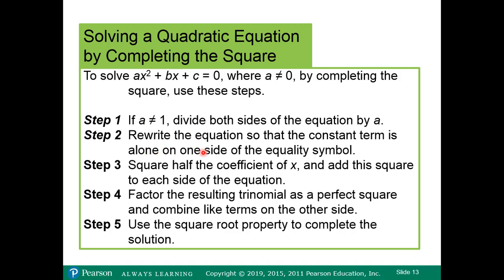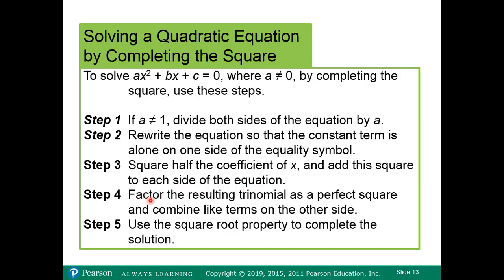Then you're going to square half the coefficient of x. So you're going to take the coefficient on the x variable, divide it by 2 and then square it. What you're then going to do is add this square to both sides of the equation.